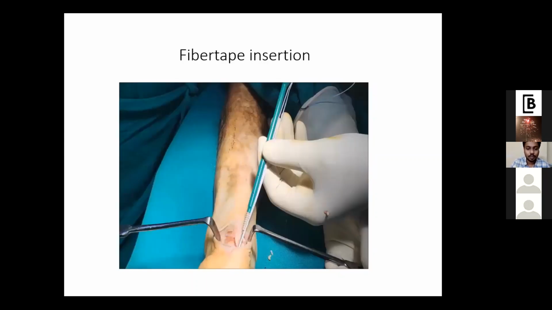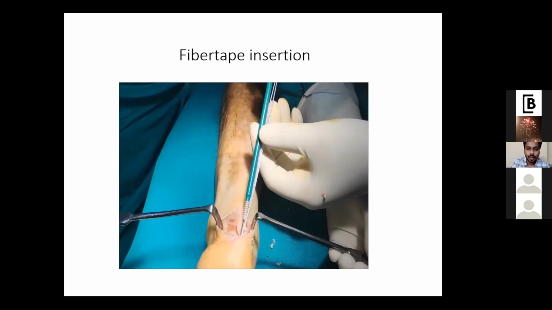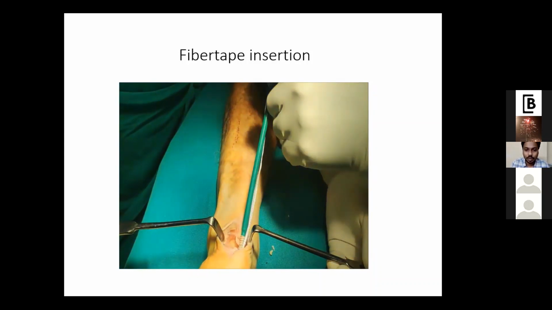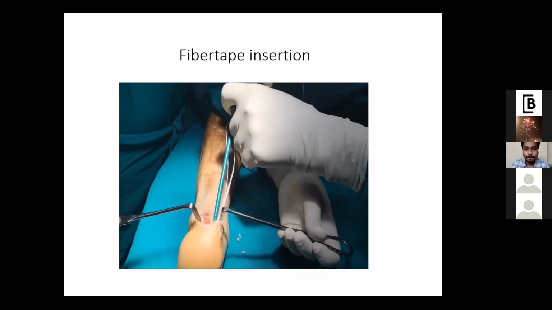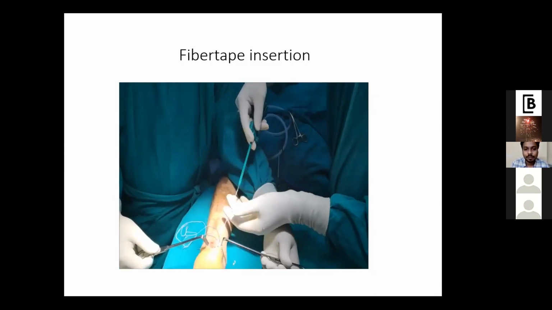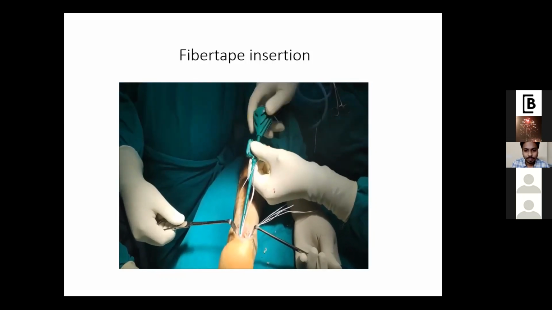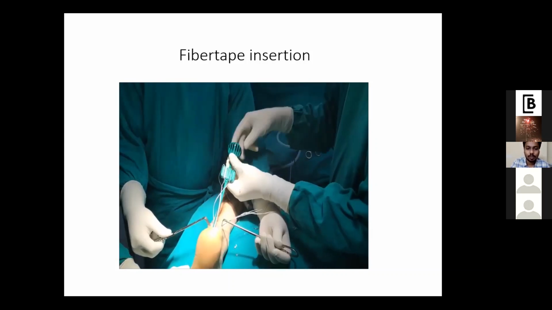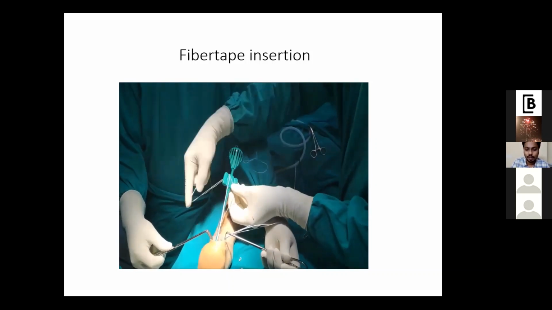So now we are going to insert the fiber tape with the suture anchor. So this is a SwiveLock PEEK suture anchor. This is typically inserted into the proximal hole, the proximal row.